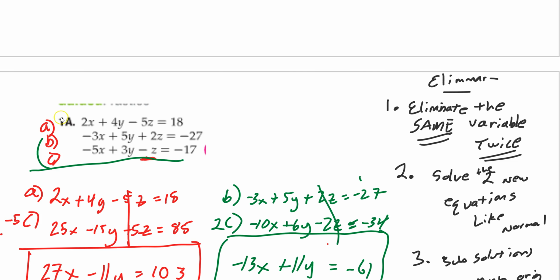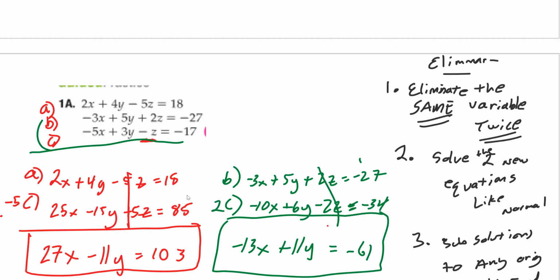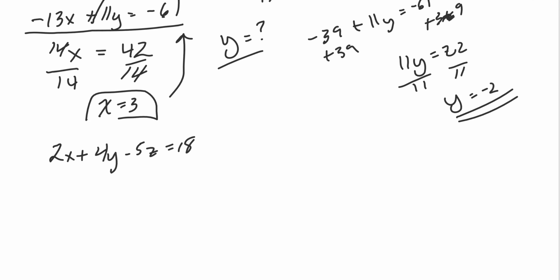I'm gonna plug it into the top one, because that looks like the most positive numbers. 2x plus 4y minus 5z equals positive 18. Let me double check. Yeah. So then all we gotta do is solve it like normal. Sub in the 3, sub in the -2, I get 6 plus -8 minus 5z equals 18.